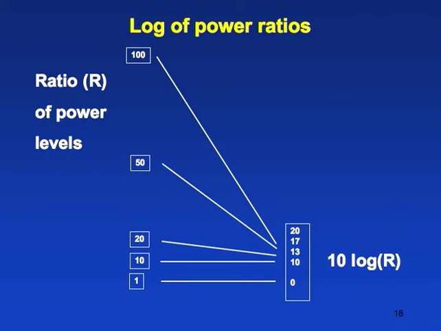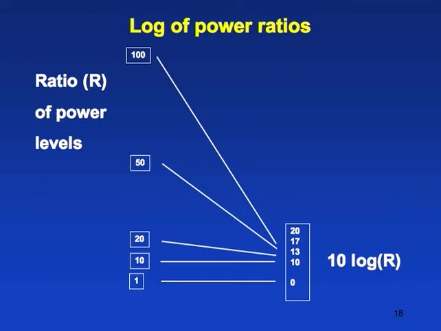You have a ratio of 1 between the two signals, input and output, no difference, 0 dBs. Well, if we have a signal that is 10 times bigger on the input, then it is 10 dBs. If it is 100 times bigger, it's 20 dBs.